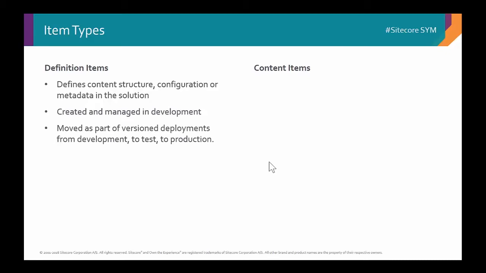Yep, as I said, moved as a part of versioned deployment from development to test to production. Versioned is important here, because what we want to achieve for maintainability reasons is to version our definition items together with our code.